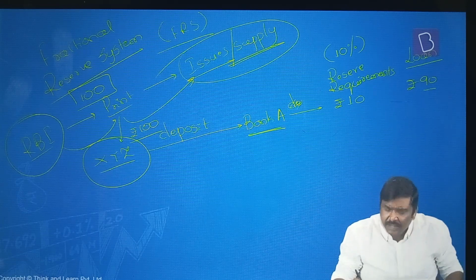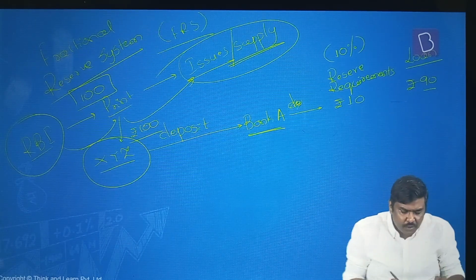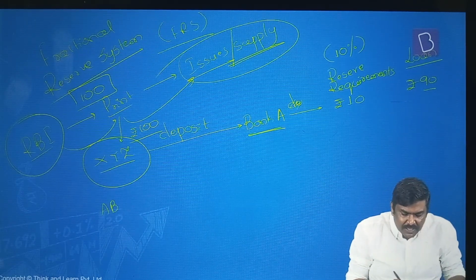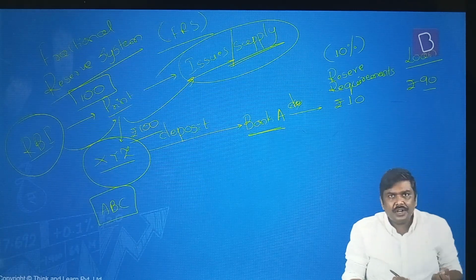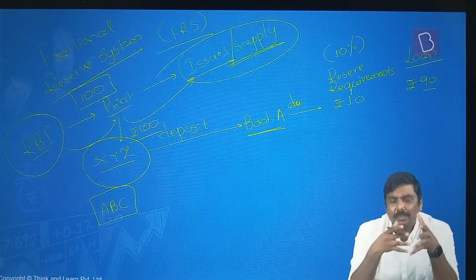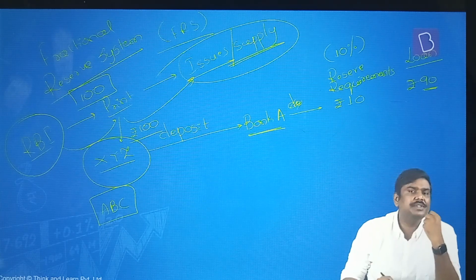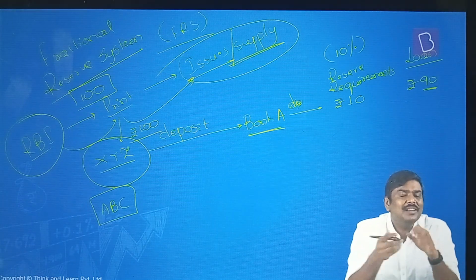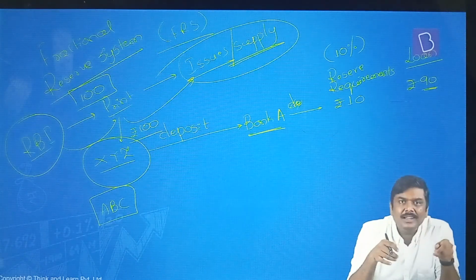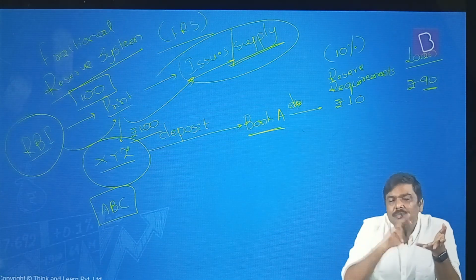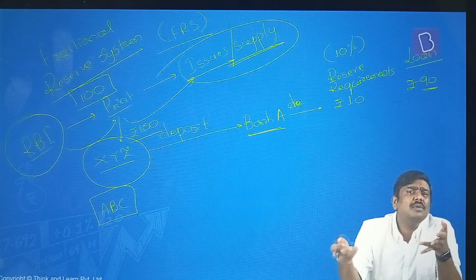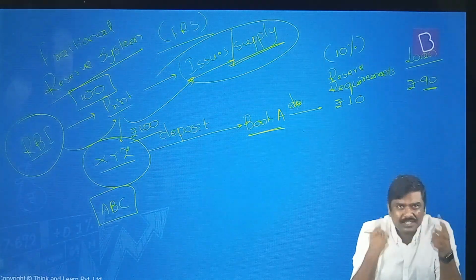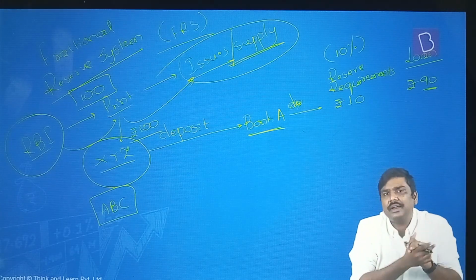Now let's say this 90 rupee loan is received by a businessman ABC, an industrialist or manufacturer. What does he do with this 90 rupees? He will purchase a machine from the market, purchase raw material from the market, and essentially he is going to spend in the market.